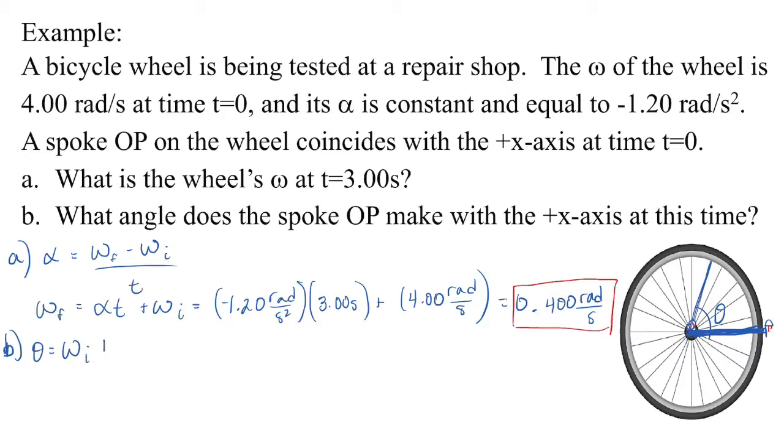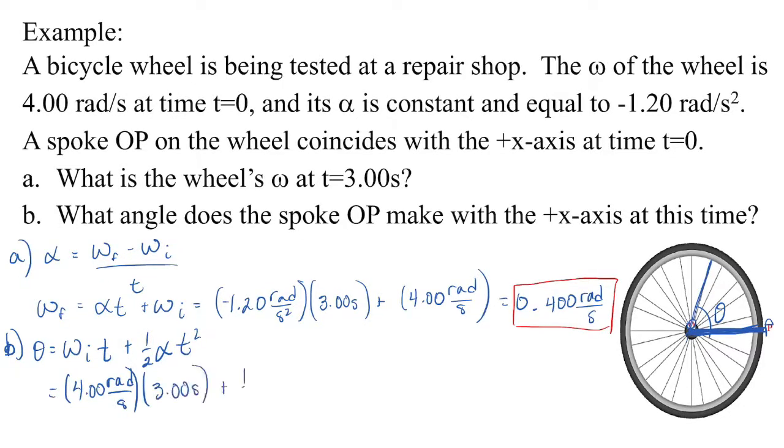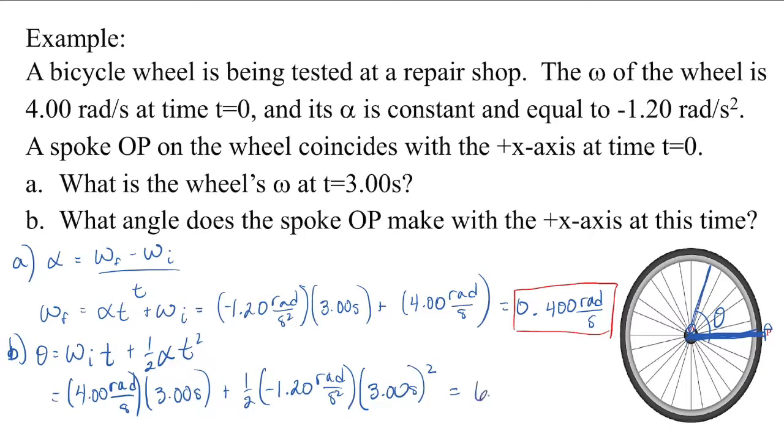Okay, so that's our initial velocity times time plus 1/2, not at squared, but alpha t squared. Okay, and then we can plug in our numbers. And what do we get there? We get 6.6 radians.